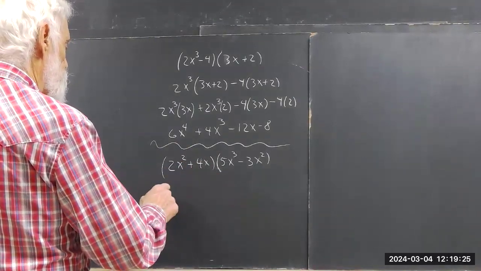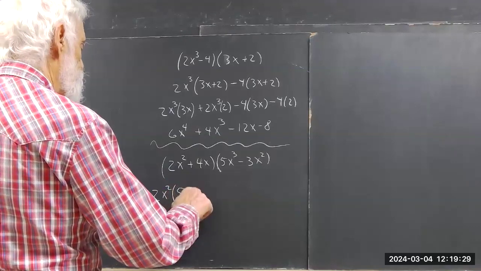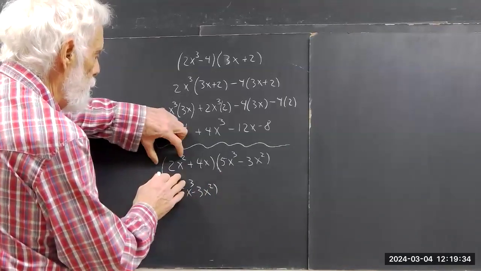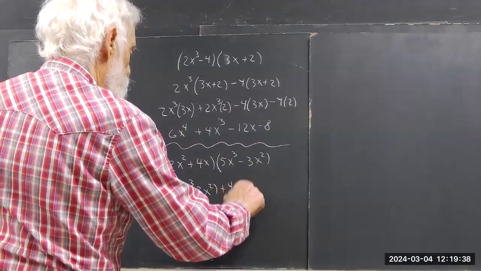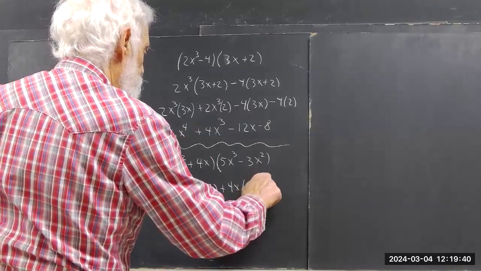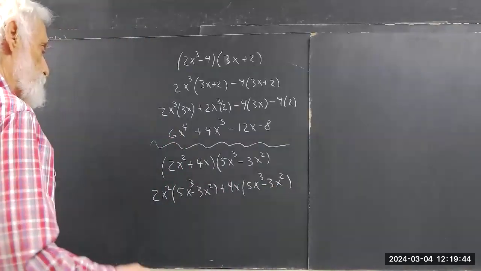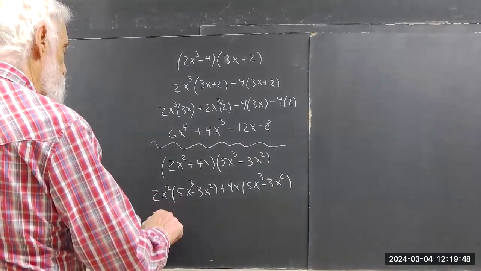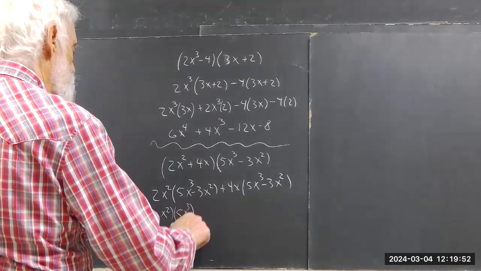You multiply this out, it's going to be 2x squared times 5x cubed minus 3x squared. In other words, this times all of this. And then you have 4x times 5x cubed minus 3x squared. Then you multiply this by this, and you get 2x squared times 5x cubed.